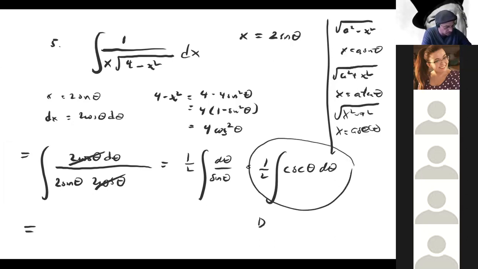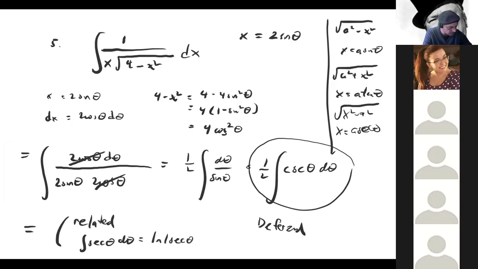It's closely related to something we did already, the integral of secant theta d theta, which is ln of secant theta plus tangent theta plus c.